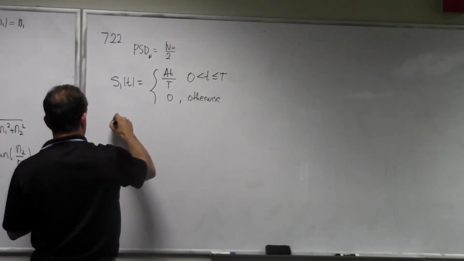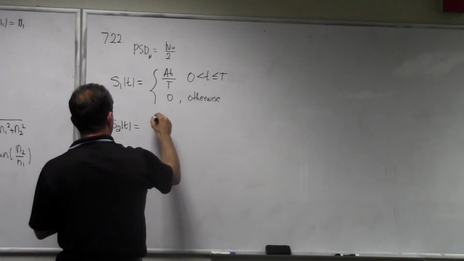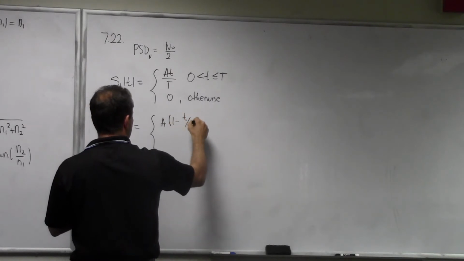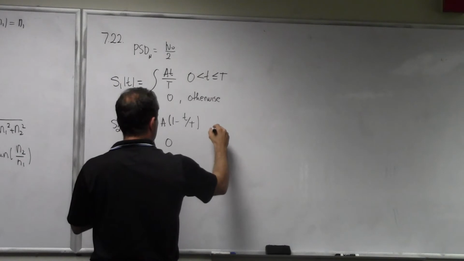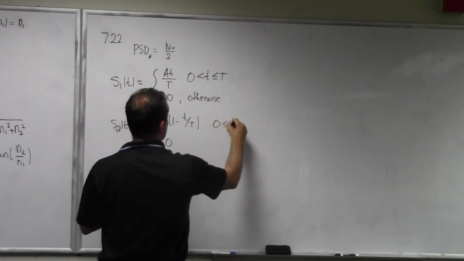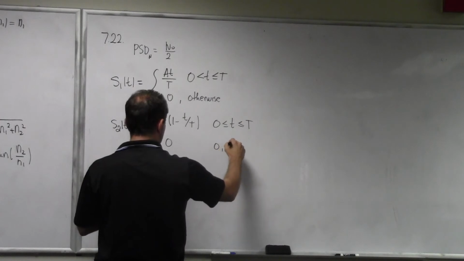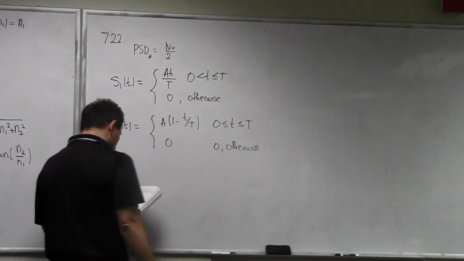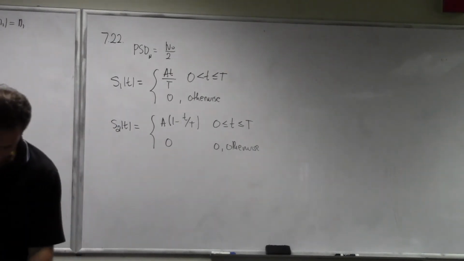And S2 of t is equal to A (1 minus t over T) for 0 < t < T, 0 otherwise. The problem says: determine the structure of the optimal receiver and determine the probability of error.